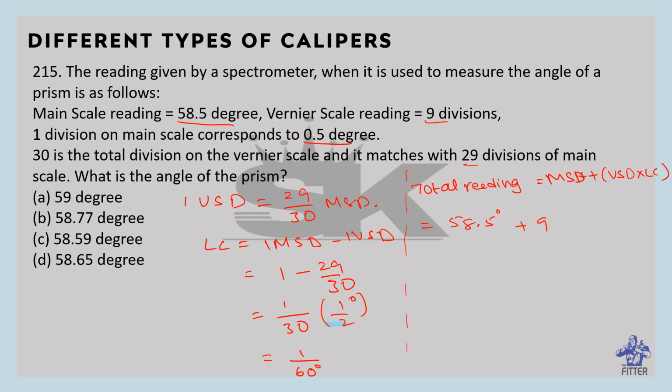So 9 into least count, which is 1 by 60 degree, right? So we're getting 58.5 degrees plus around 0.15. Okay, so the total reading is 58.65 degrees. So the prism angle is 58.65 degrees. Option D.